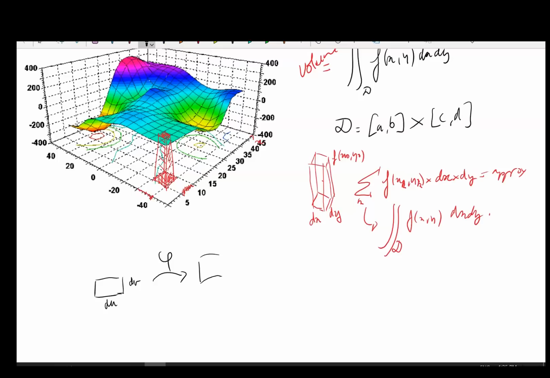That's going to give you something in the xy variables. I didn't make it straight because your substitution may not be a linear one, so it may not look exactly like a rectangle, but it's going to be something that has an area that we would call dx dy, even though it may not look like a rectangle.